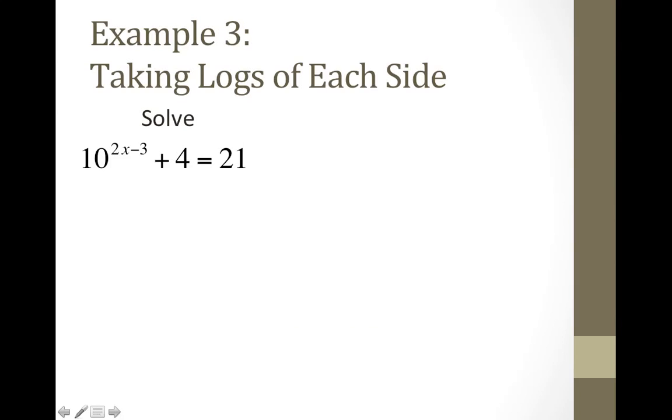All right, let's take a look at another example of this. Here's a case where we're taking 10 to the 2x minus 3 power plus 4 equal to 21. Now, before you can ask yourself any questions about rewriting bases, you need to isolate this exponential term.